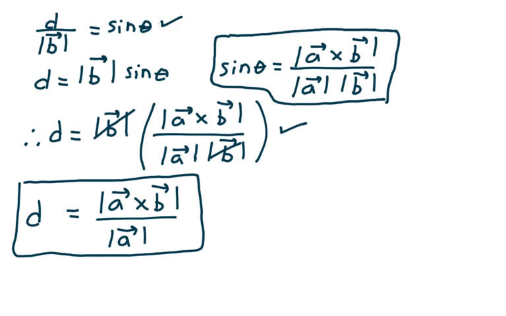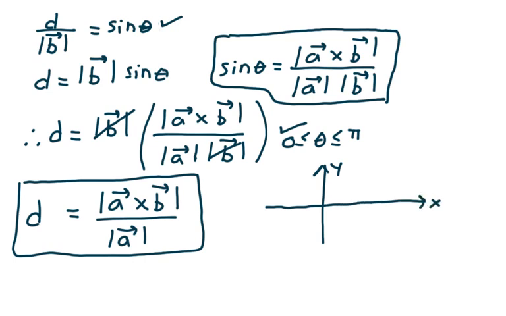And so one thing I want to comment on is the following. Notice how I make the restriction that theta is less than or equal to pi and greater than or equal to 0. Why? Because sine is non-negative between 0 and pi. If we look at a picture here, so here's the y-axis, here's the x-axis, if we're below the x-axis, that says sine would be negative.